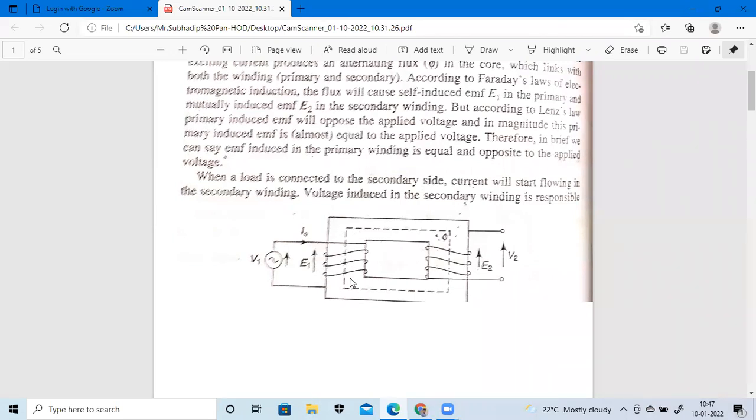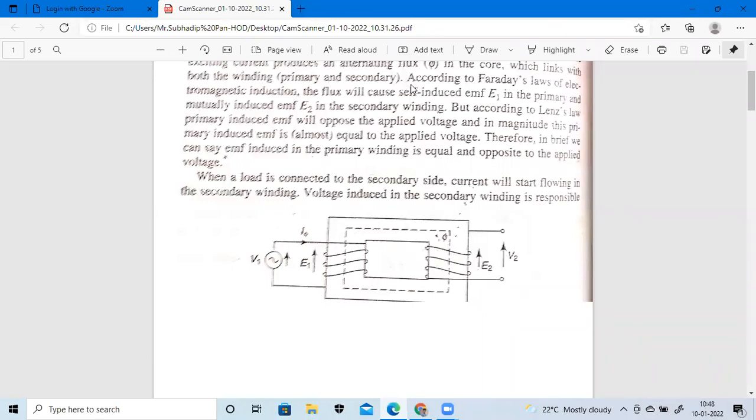This one represents one coil, and this one also represents one coil. In this coil, we supply the transformer, so this coil is known as the primary winding of the transformer. And from this coil, supply is given to the load, that's why it is known as the secondary winding or secondary coil.